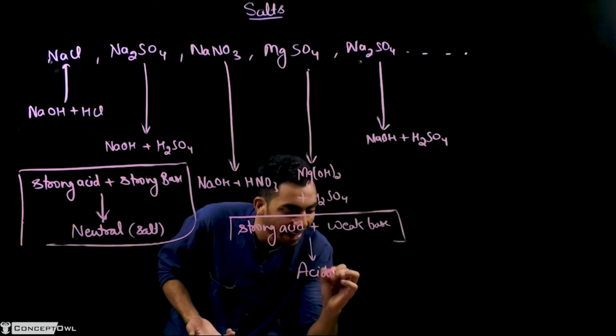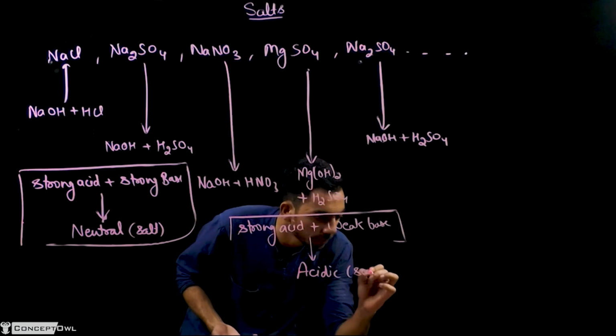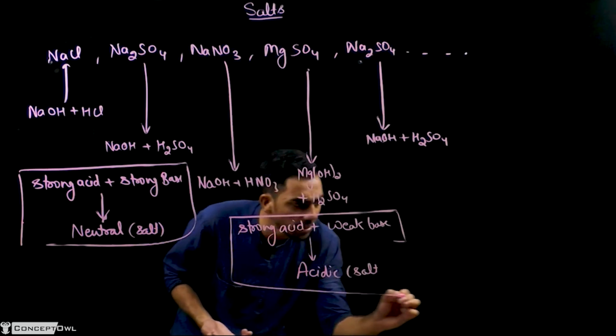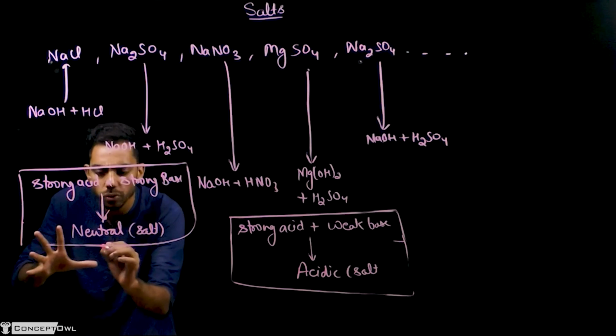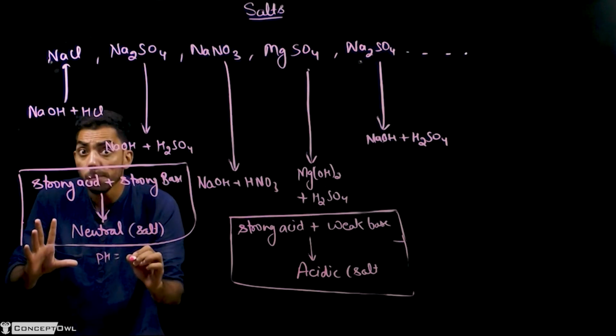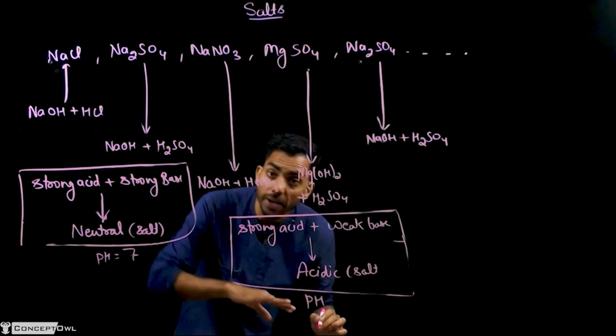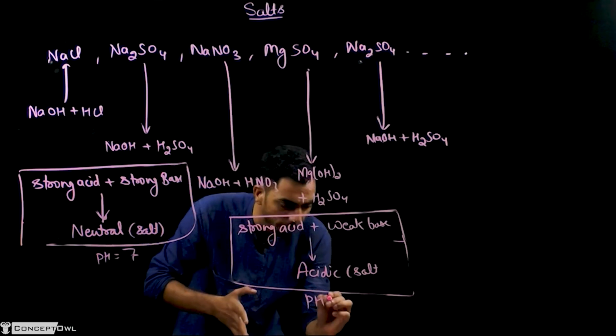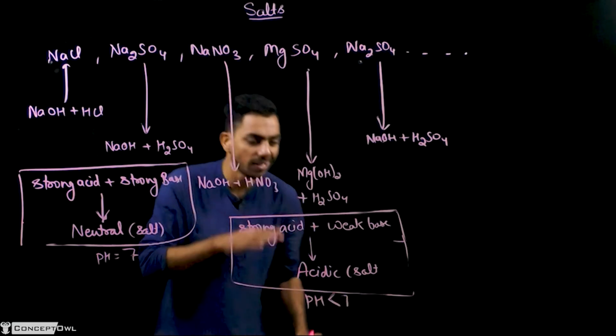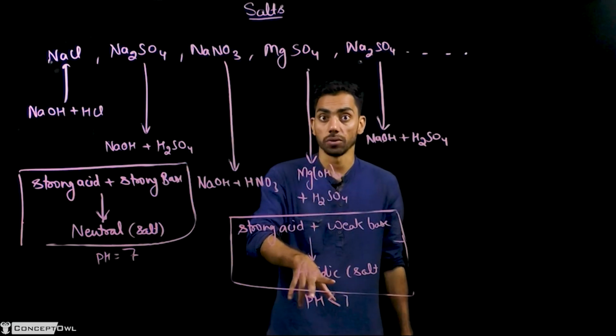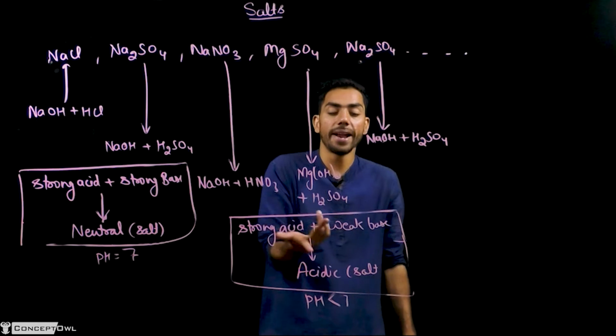You will get acidic salt in this case. If your salt is neutral, pH should be equal to 7. And in this case pH should be less than 7 for this acidic salt, if your salt is coming from the strong acid and weak base.